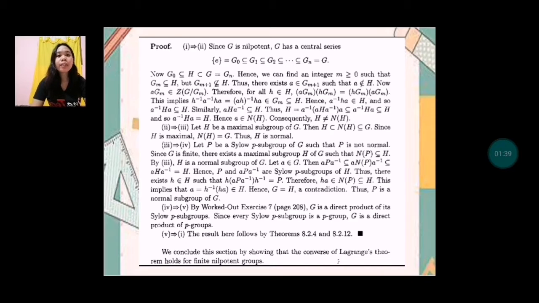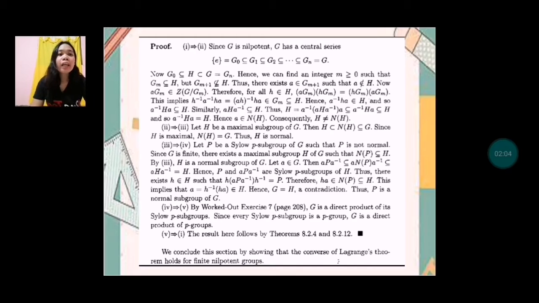Now aG_m is an element of C(G/G_m). Therefore, for all h an element of H, aG_m times hG_m equals hG_m times aG_m.